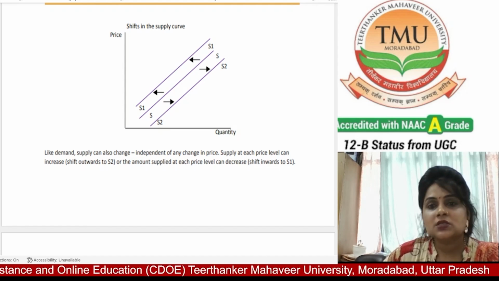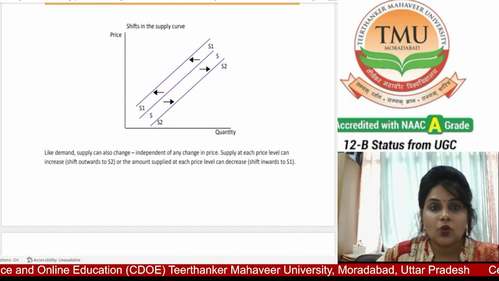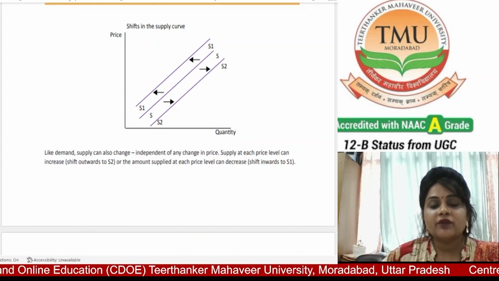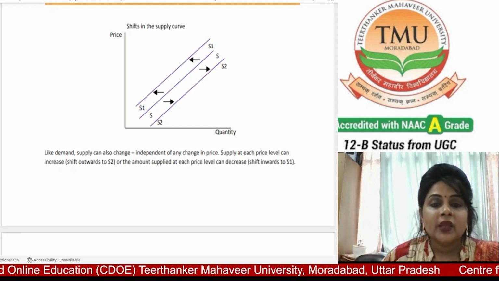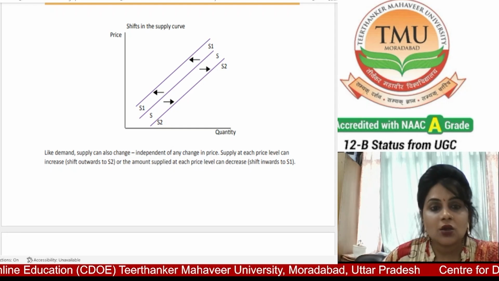First of all, we also discuss why curves shift inward and outward. One of the most important factors that changes supply independent of any change in price is a change in cost.